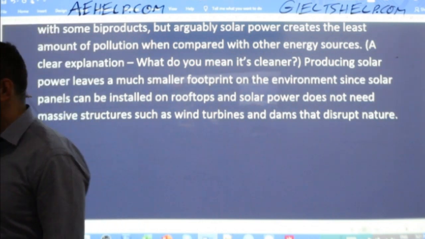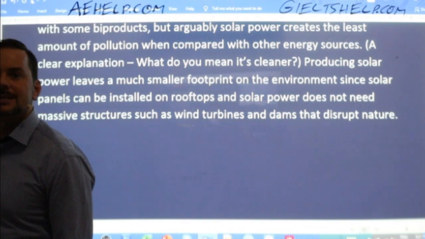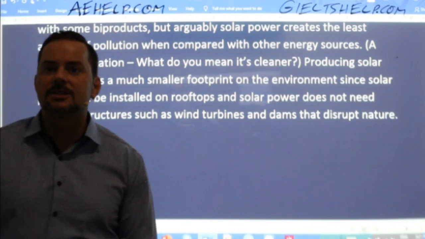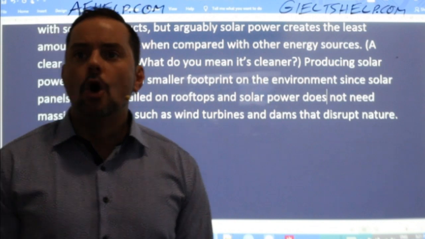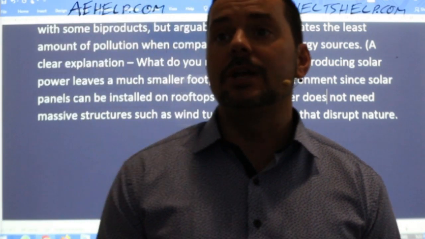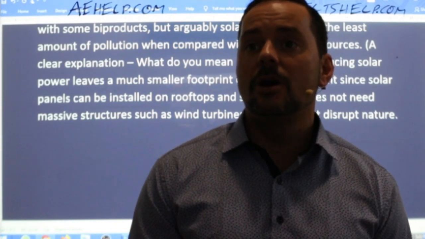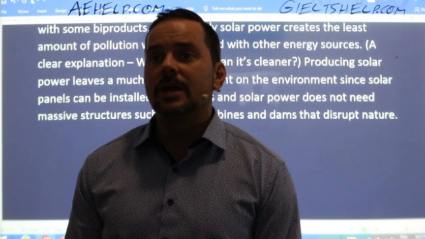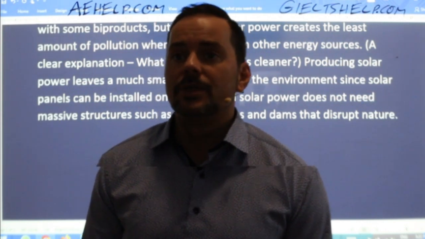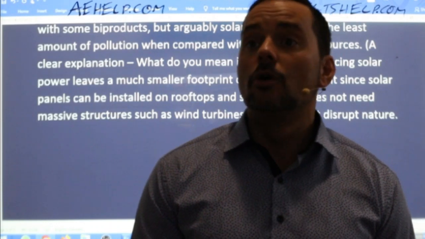All right. Let's see what else some other students have for the explanation. Omar says other types of energy generate greenhouse gases in order to produce the final desired product, whereas solar power creates the required energy without releasing any harmful substances. Okay, good.